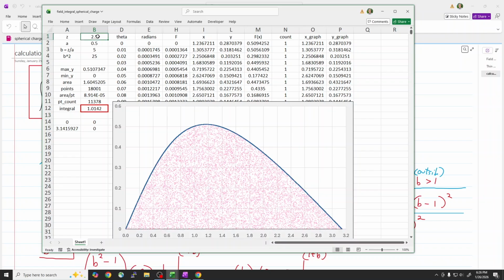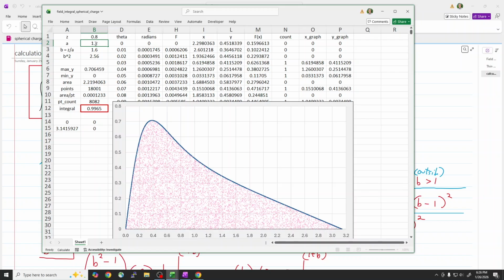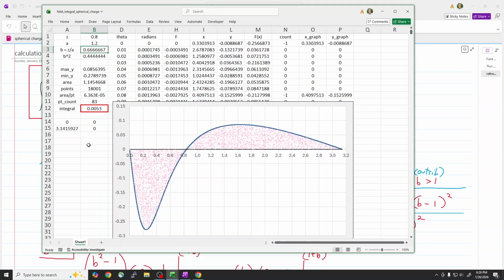Now if I make z 0.8 and a 1.2, for example, then this is what the function is doing here. Then you can see that area under the curve actually counts as negative when it's above the curve, right? So sure enough, I'm getting numerically 0.0053.